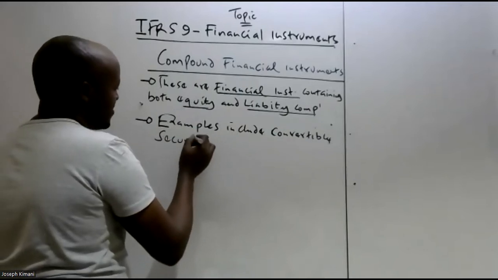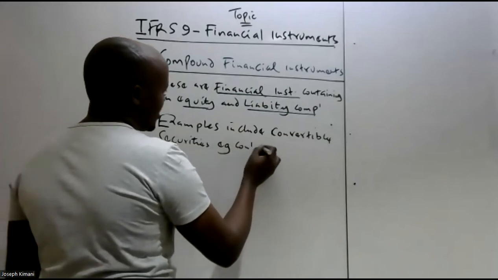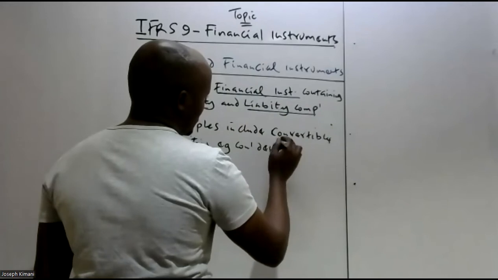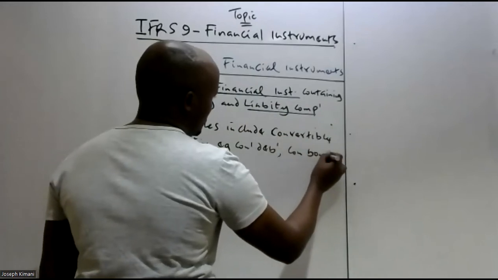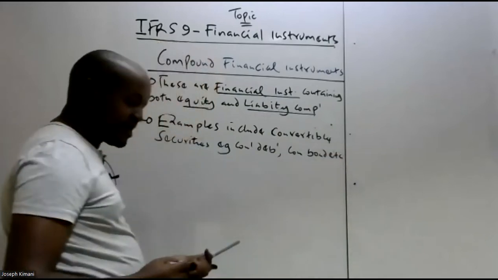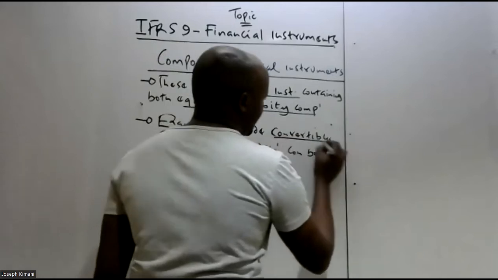So when we talk about convertible securities, we are talking of things like convertible debentures, convertible bonds, etc. So these are good examples of compound financial instruments.